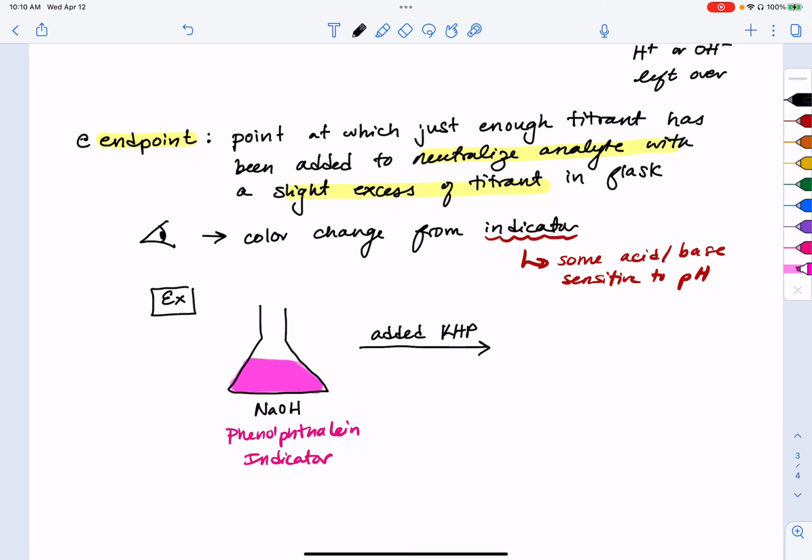We added KHP, which is our acid, until we saw our solution go colorless.